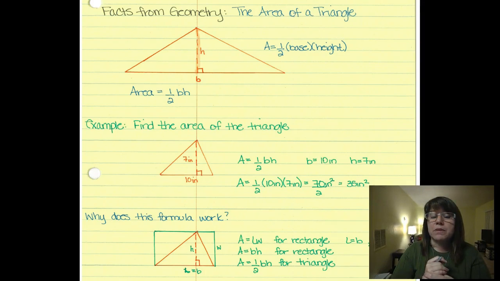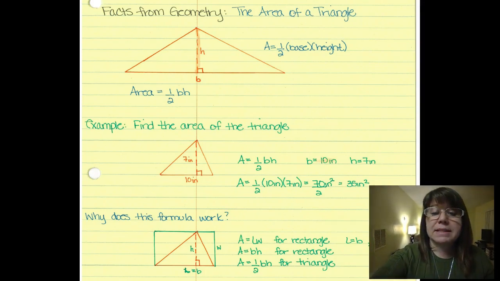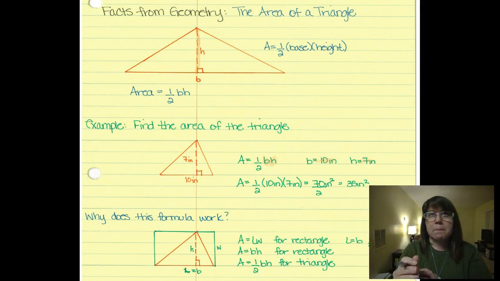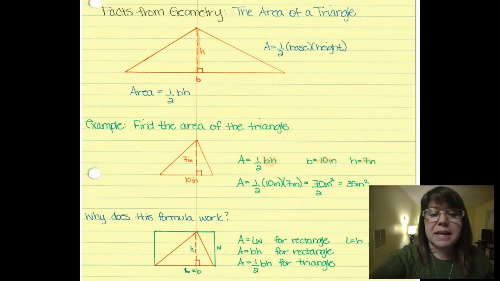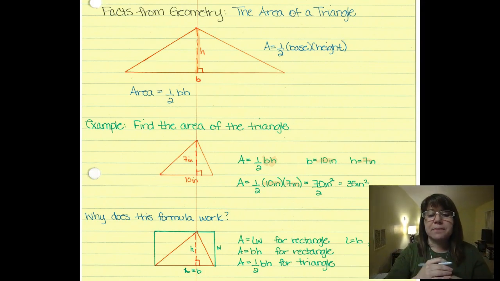For example, if we want to find the area of a triangle with a height of 7 inches and a base of 10 inches, I'm going to plug in my base where the B is, and my height where the h is. So A equals 1/2 times the base, 10 inches, times the height, 7 inches.